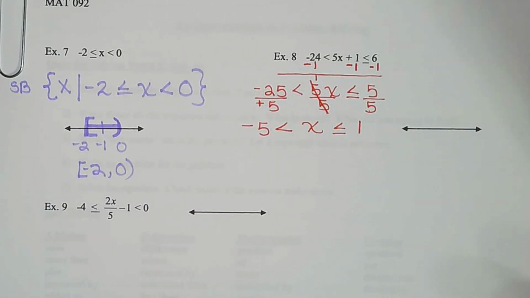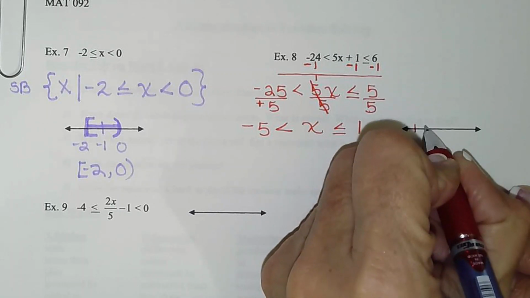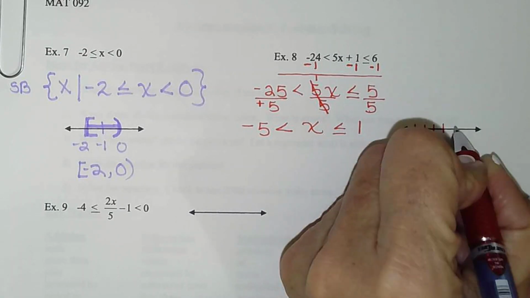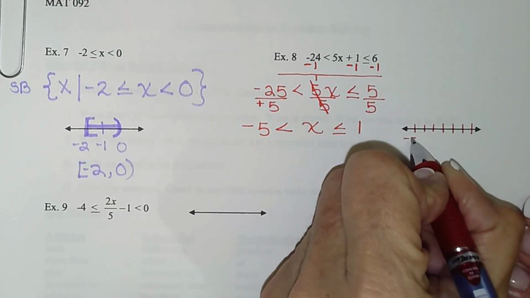So isn't that easy? I think they're easier than the ones on the last page, because now all I have to do is the graph, and the graph's a piece of cake. So -5, -4, -3, -2, -1, 0, 1. So I'm just going to label the endpoints.